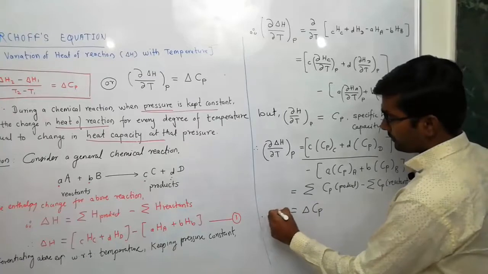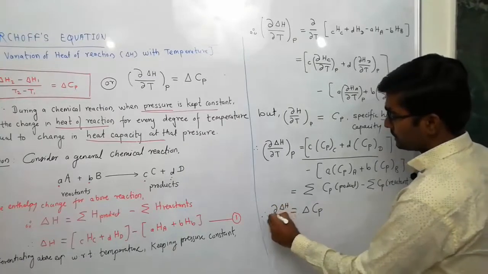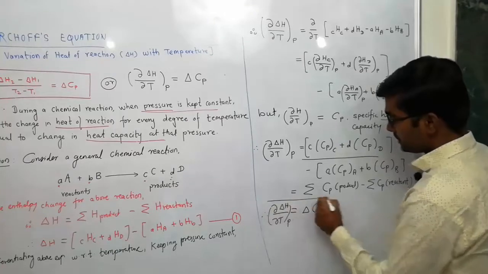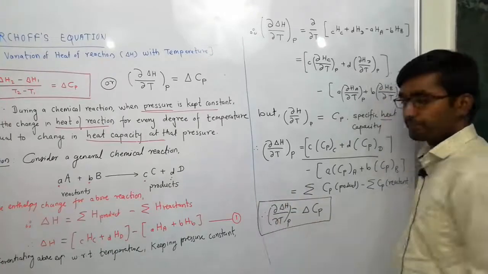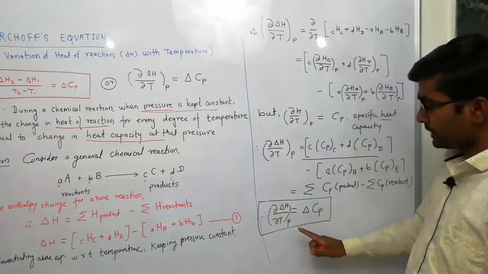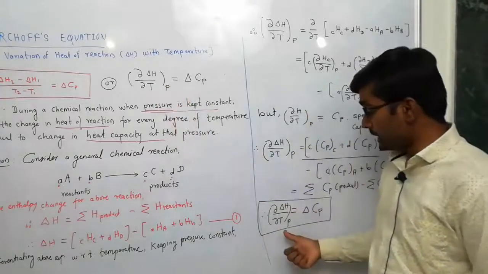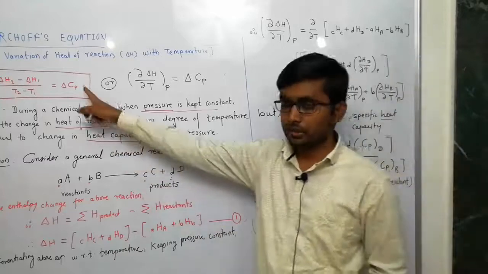Therefore, delta H upon delta T at constant pressure is equal to delta Cp, hence the derivation. So simple derivation, hence the proof. Look at this equation. If we integrate this equation, then we get this equation.